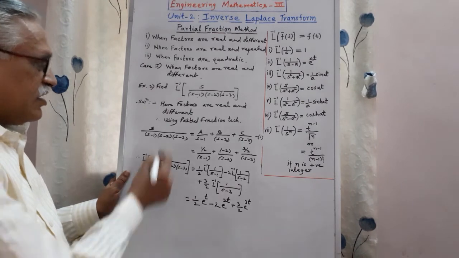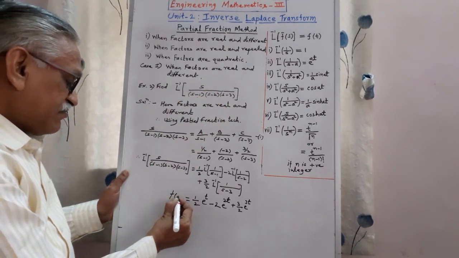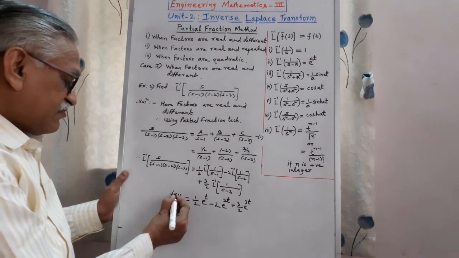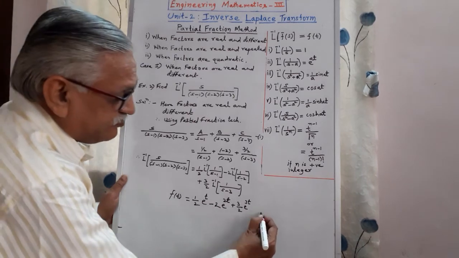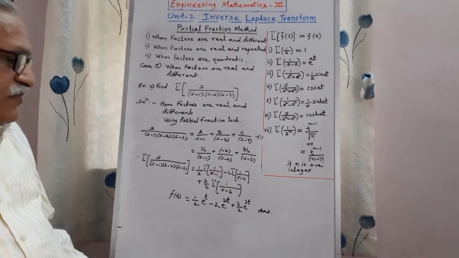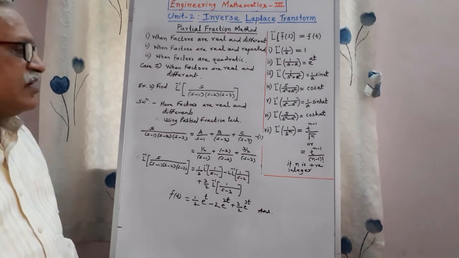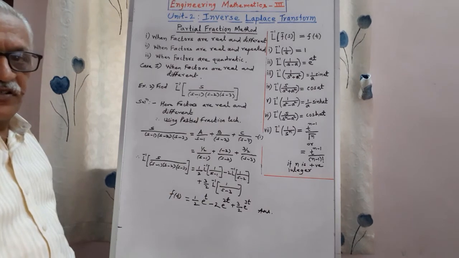Inverse of f bar of s, if we call this f bar of s, is f of t. This is the required inverse by the partial fraction method. Here all factors are real and different.